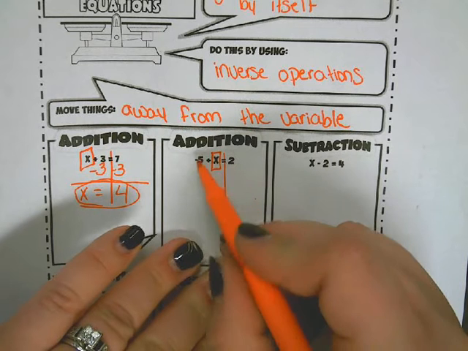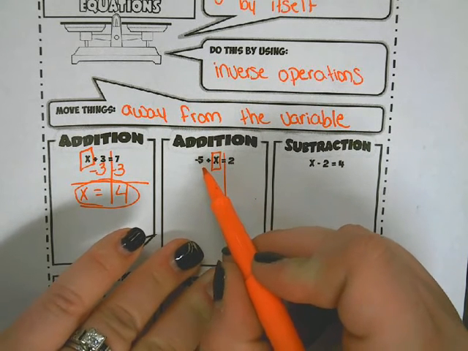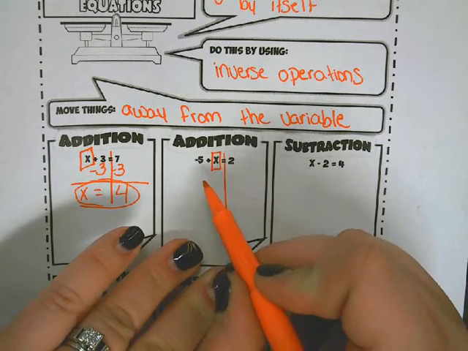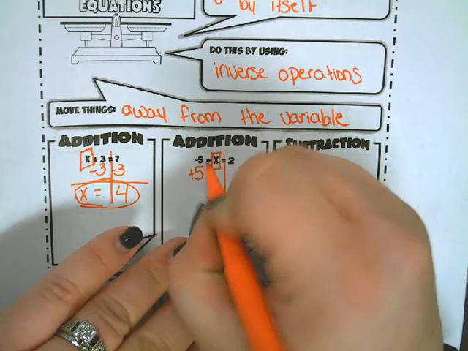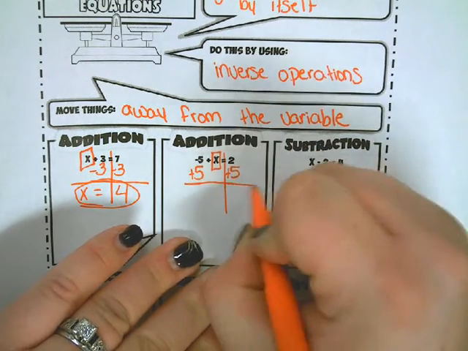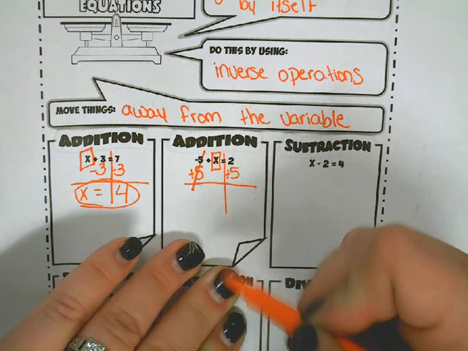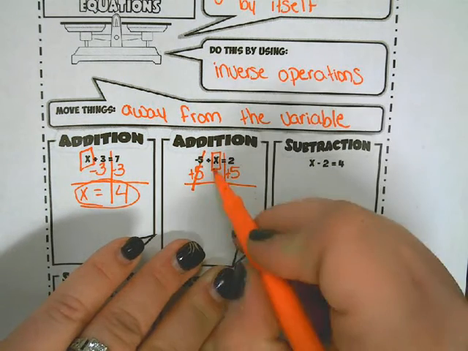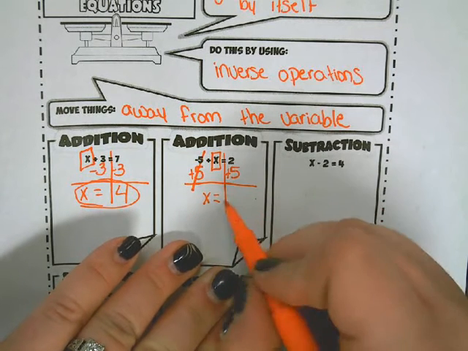So I agree with the 5, but it's already a negative 5. So it's the opposite of a negative 5. Positive 5. So although this says plus, you have to look at the sign with the number. So I'm adding 5 to both sides. So a negative 5 plus 5, that cancels out. So then on this side, I'm just left with x is equal to 2 plus 5. Gives me 7.